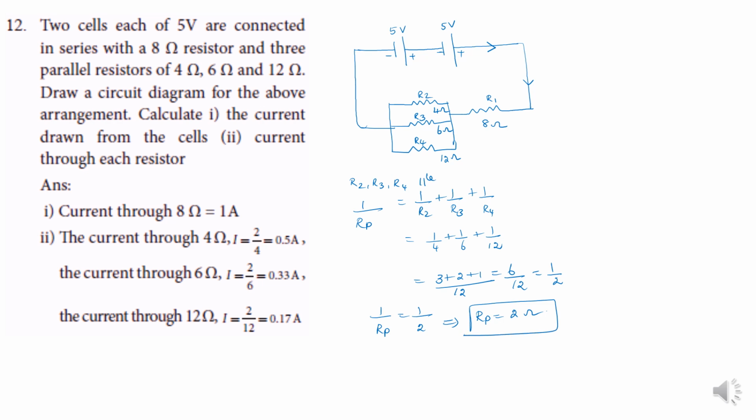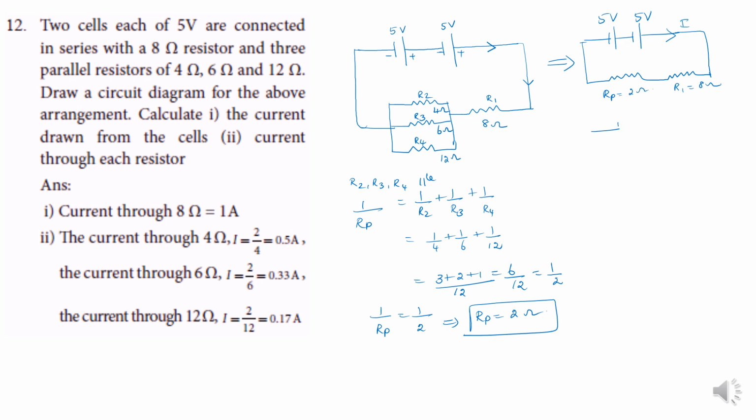Okay. Now this can be drawn like this. Current is drawn. This is 5 volt and this is 5 volt. This is R1, which is 8 ohm. This is Rp, which is 2 ohm.